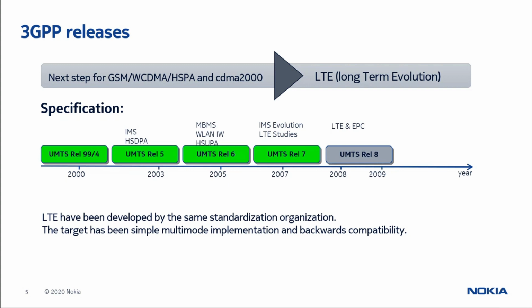Okay, so as is given here at the bottom, you can see that LTE has been developed by the same standardization organization. So let's move on. I think you are able to understand how the technology gradually developed. The basic intention was to have 2 Mbps data download speeds with the help of UMTS Release 99, and then it slowly developed.